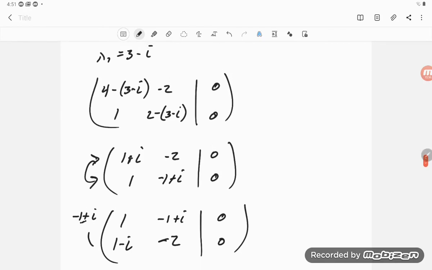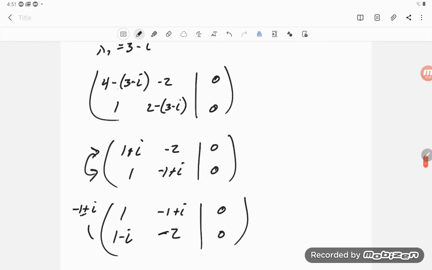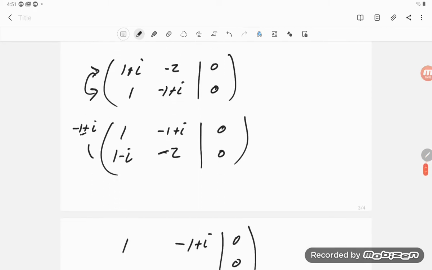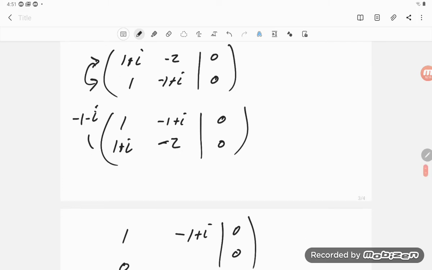Plus i right here. I needed a plus i, and so I want the negative of 1 plus i, so negative 1 minus i. Sorry about that.